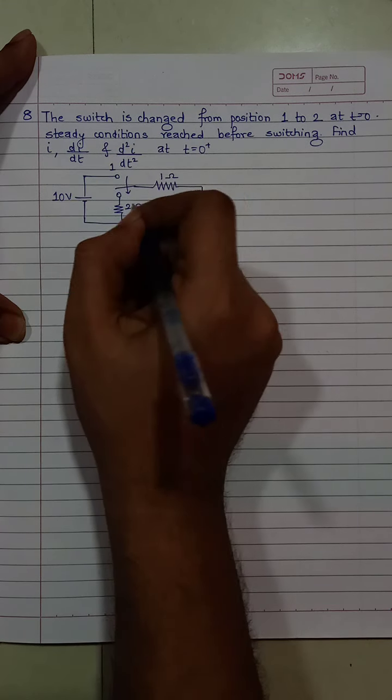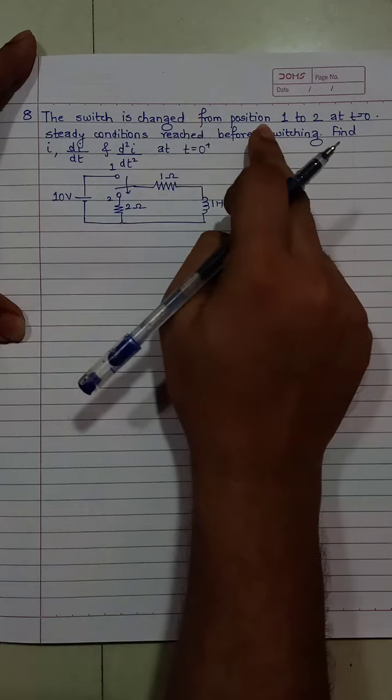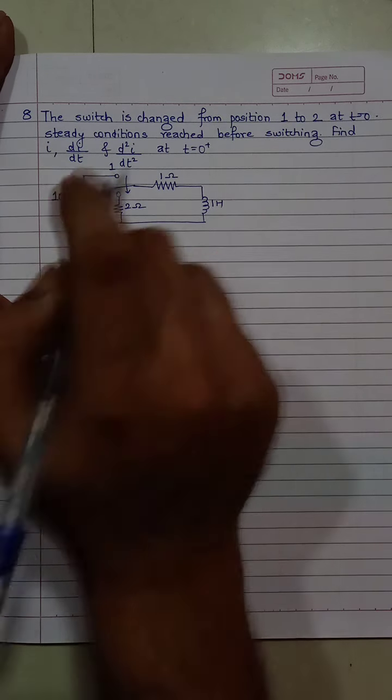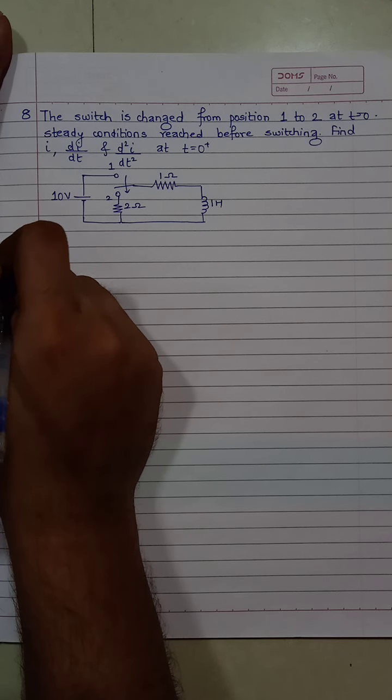This is position 1, and this is position 2. The switch is changed from position 1 to position 2 at t equals 0, but the steady state conditions are achieved.